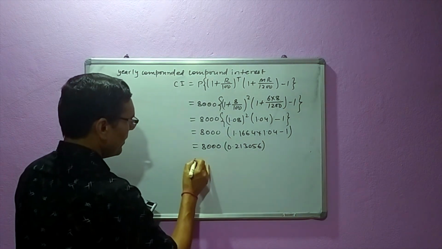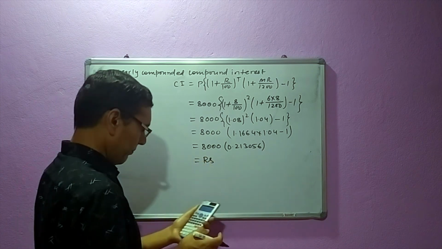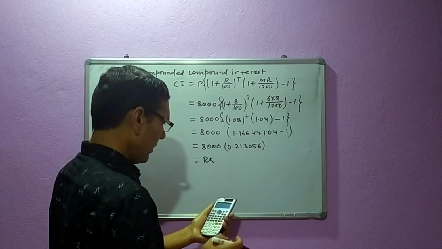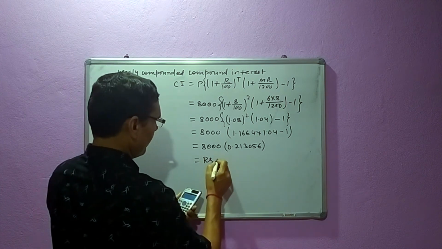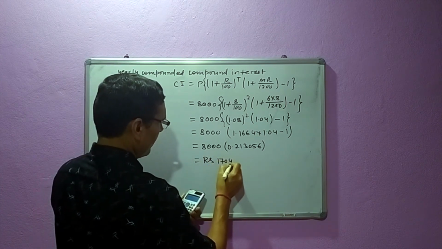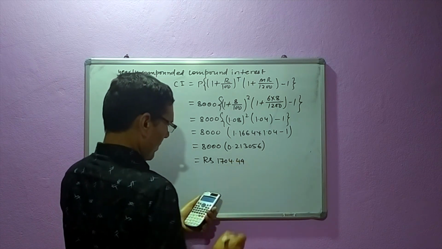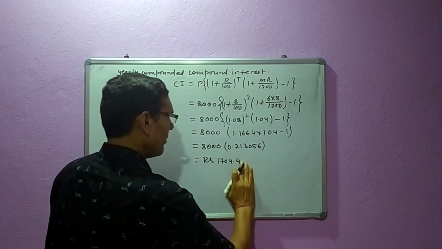So from this we get into 8,000, 1704.44, or we can write 45.